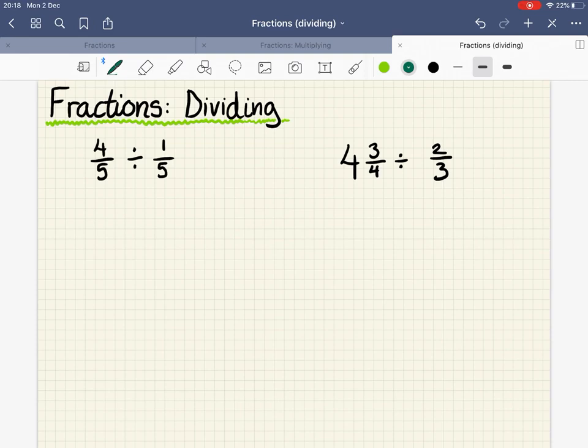And then here, that 4/5 stays the exact same. I'm going to change that divide into a multiply, and I put 5 over 1 here.